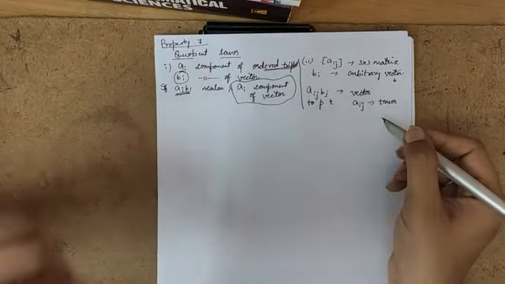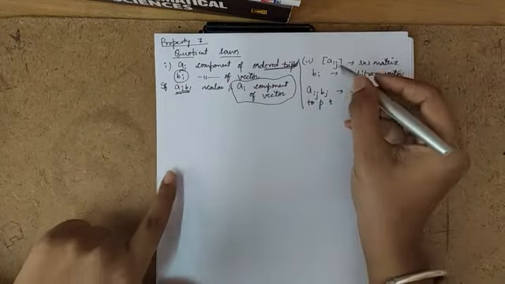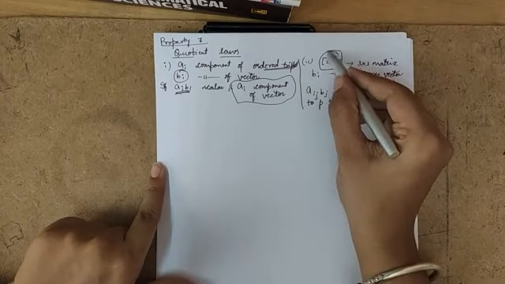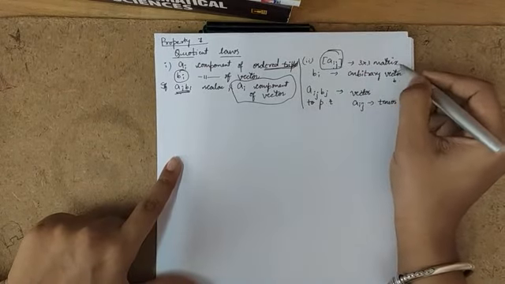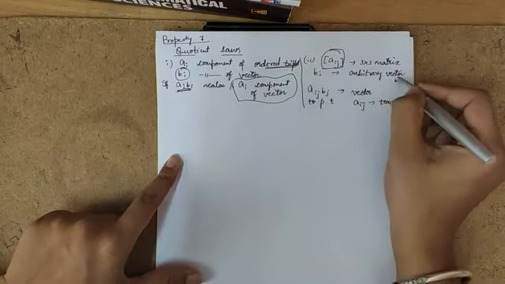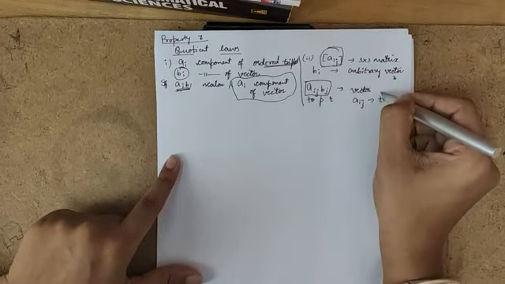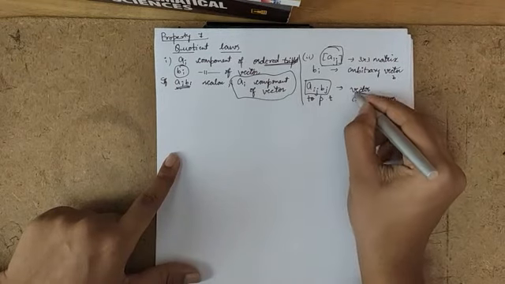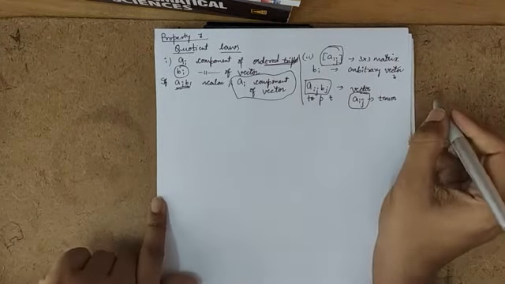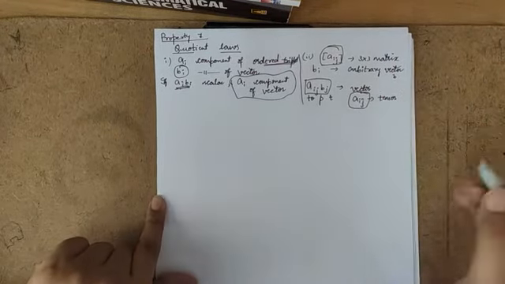This is first part, and the second part is if I consider Aij component of 3 cross 3 matrix and Bi an arbitrary vector, if this AijBj is a vector, then we should prove that Aij is tensor. Okay, let's prove one by one.